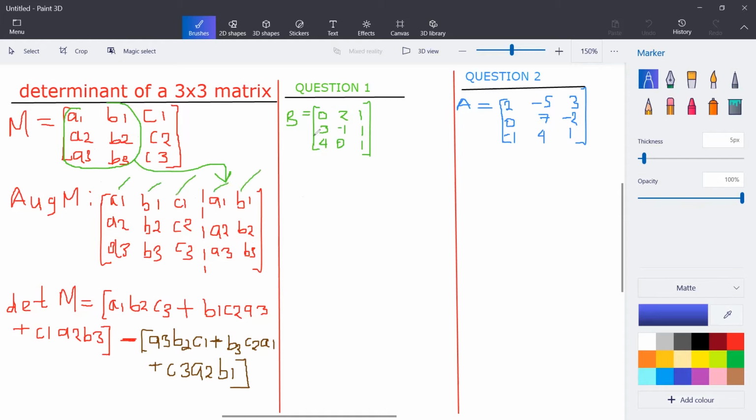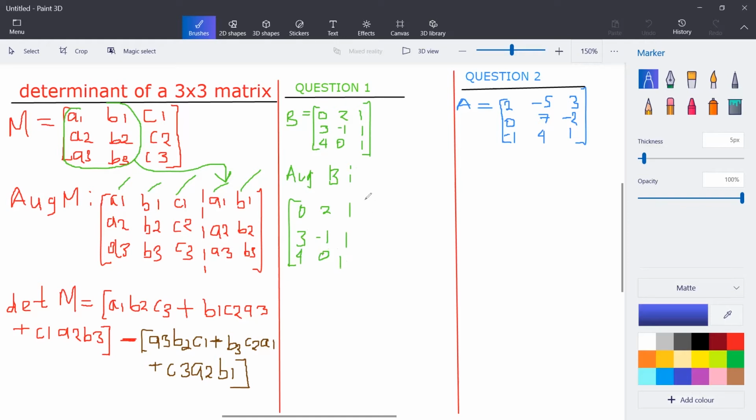Let me take matrix B and augment matrix B. So my aug B will look like this. Originally it was 0, 2, 1, 3, negative 1, 1, and 4, 0, 1.